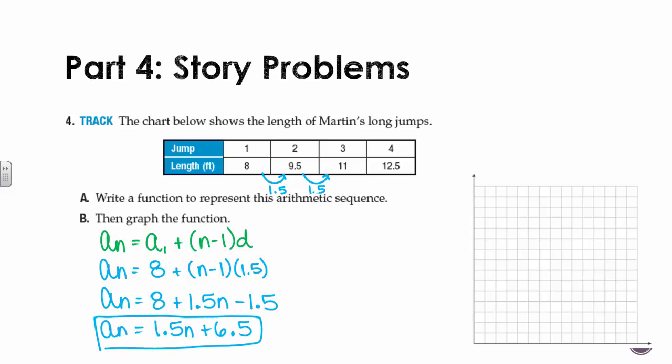So now we can either graph that, making a table, or we can just plot these points. My first jump, I go over 1, up 8. My second one is up 9.5, and then 11, and then 12.5. And we can see we have this nice straight line here that graphs this function.